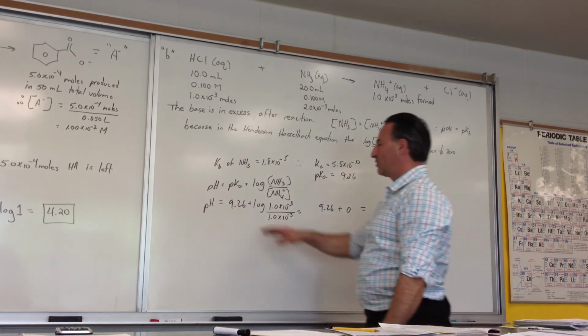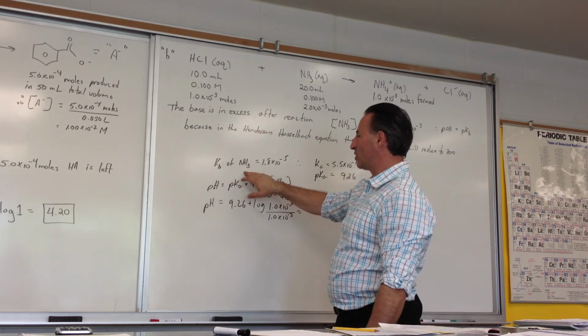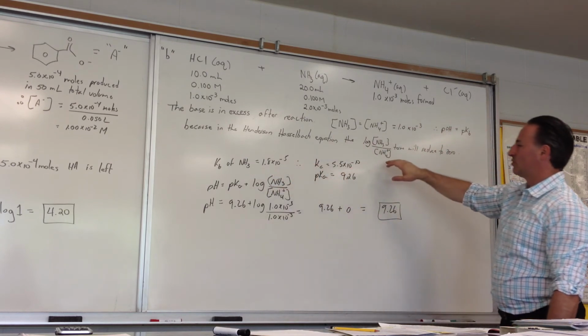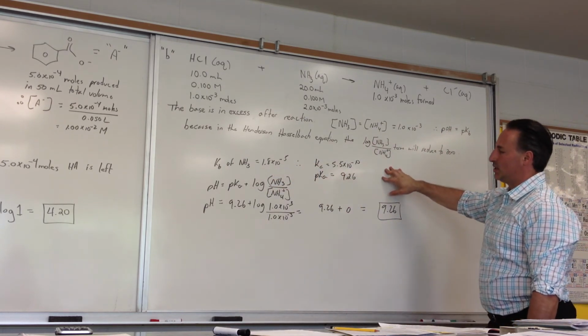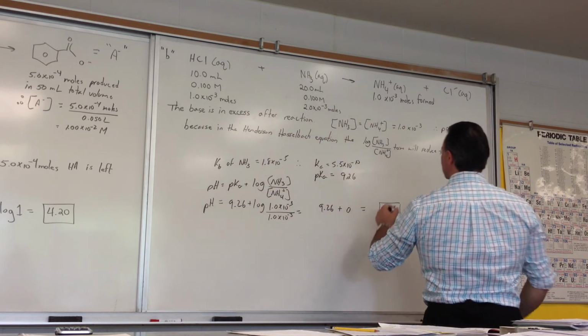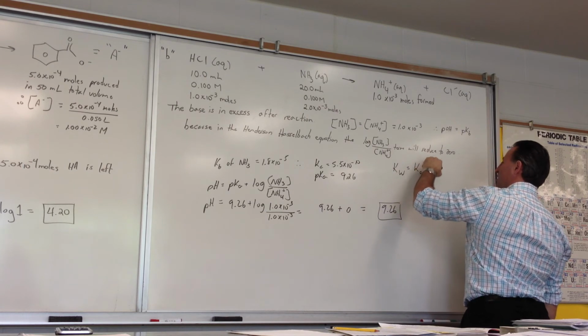And the way I found the pKa of ammonia was to use the Kb of ammonia, which is 1.8 times 10 to the minus 5, and I put it into the equation for the ion product of water. Kw is equal to Ka times Kb.